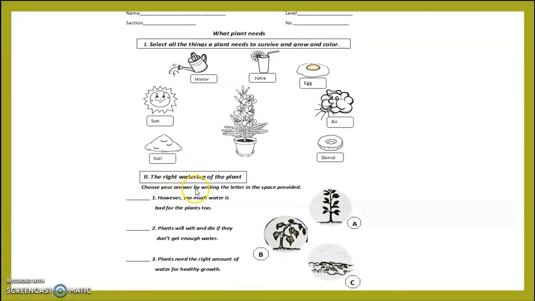Choose your answers by writing the letter in the space provided here. For example, number 1: however, too much water is bad for the plants too. Which one of these? Alright, you choose the right answer.